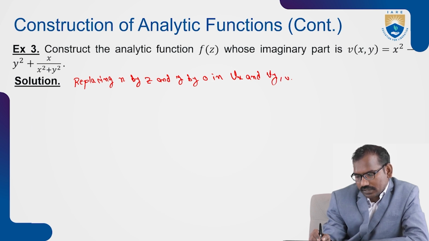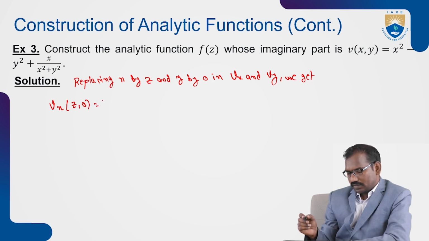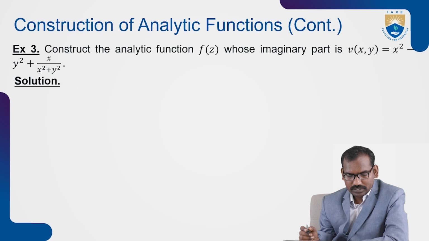So we get v sub x of z comma 0. Now what will you get?